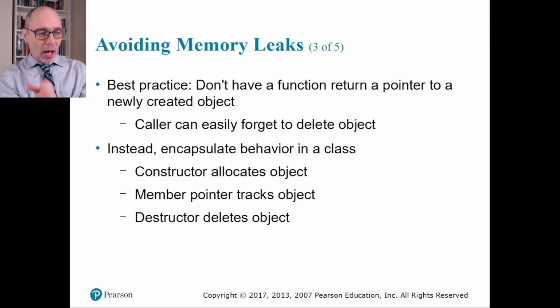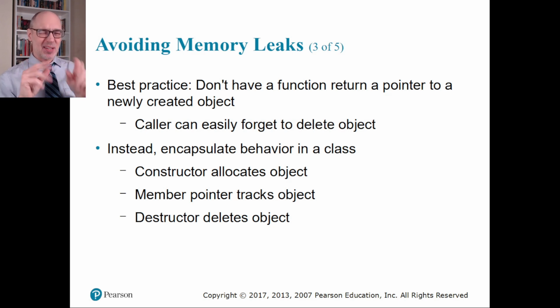Okay, so how to avoid these terrible problems? The best practice here, the recommendation, is don't have a function return a pointer to a newly created object. We actually did this a couple times in our last semester programming, but it was at a point where we were just learning about pointers and we didn't have classes available to encapsulate this kind of activity.